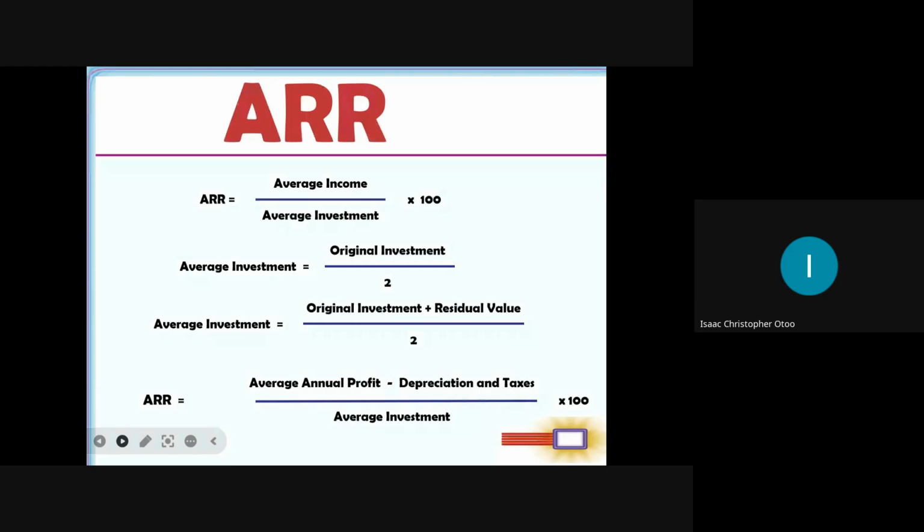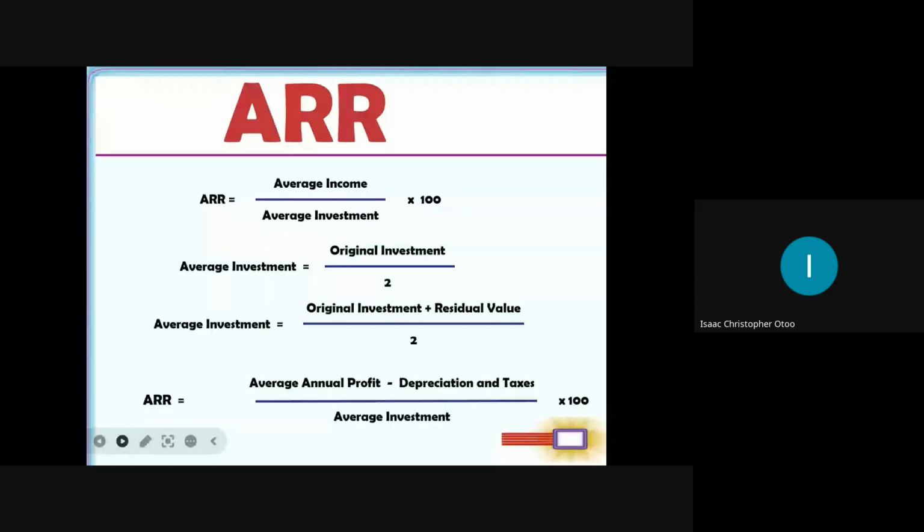So when you calculate yours and compare it with the target given to you, if it is equal or above what they are giving you, then that project is good and profitable, so they must go on with that project. But when we calculate and see that our answer is lesser than the targeted one, then we are bound to reject such a project.